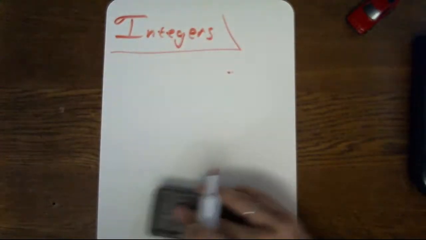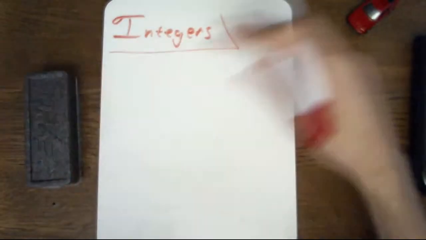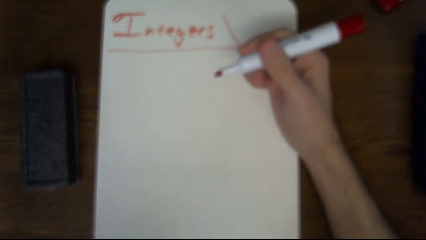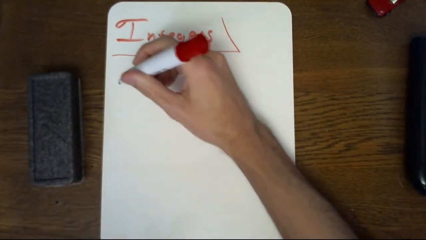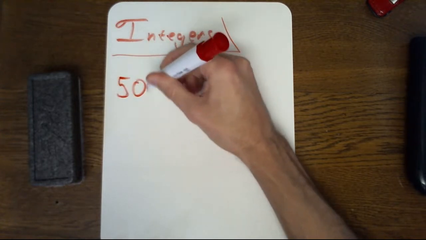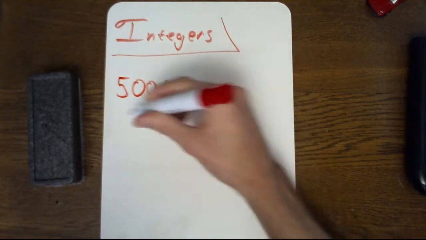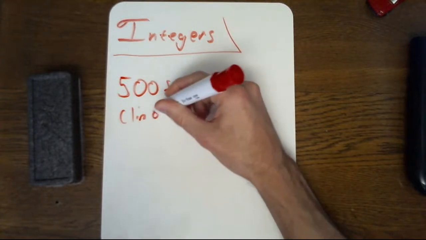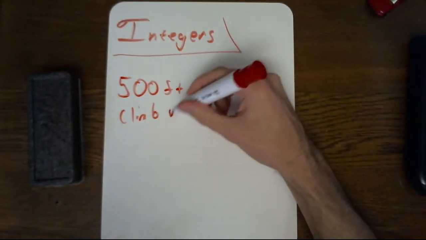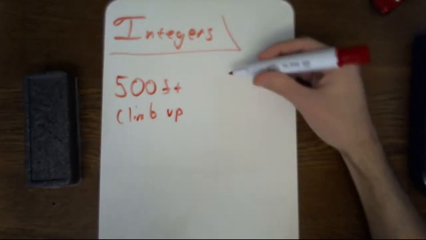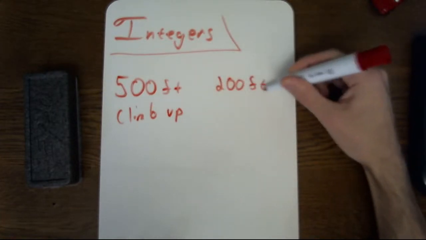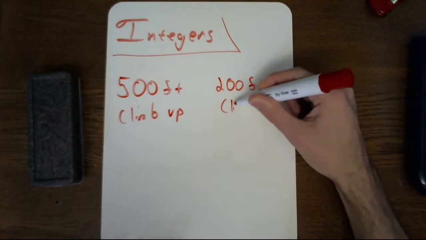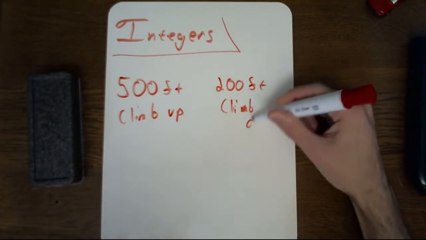But now let's try to combine the two worlds. If I climb a mountain that's 500 feet, so 500 foot, I'm going to put climb underneath it. Let's say we climb up 500 feet. And then we go down 200 feet. Climb down.